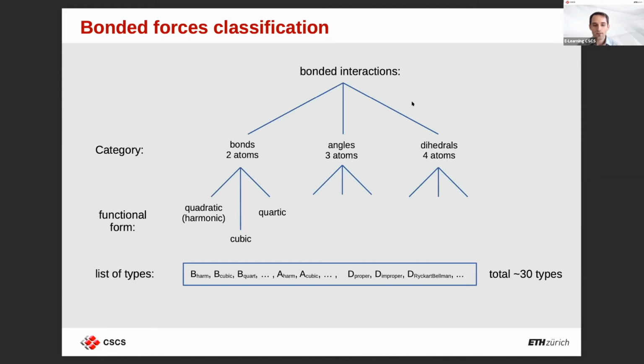Here is an overview of all the bonded interactions you can have. First, you get the main categories according to how many atoms are involved in your interaction. Then for each category you can have different functional forms. To give an example, GROMACS implements 30 of these interaction types, a series of bond types, a series of angles, and also some more dihedrals.